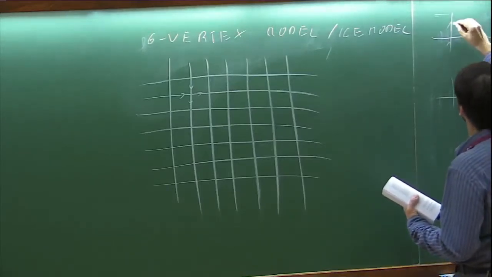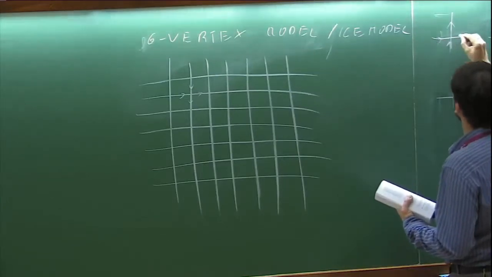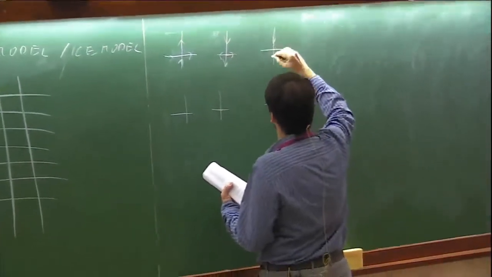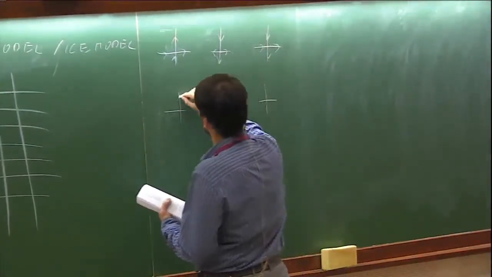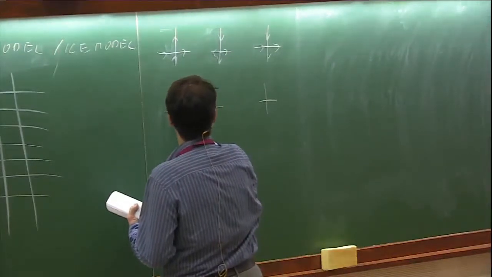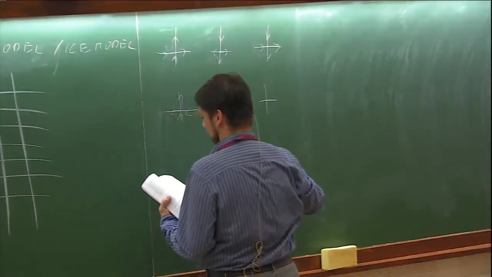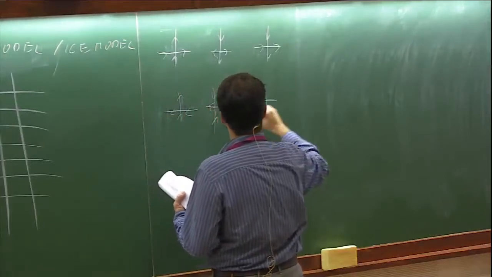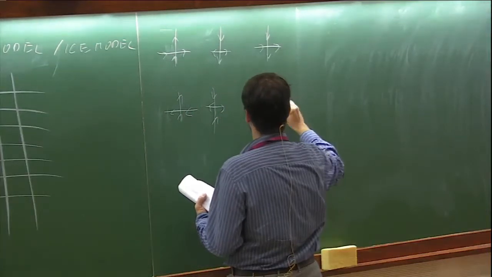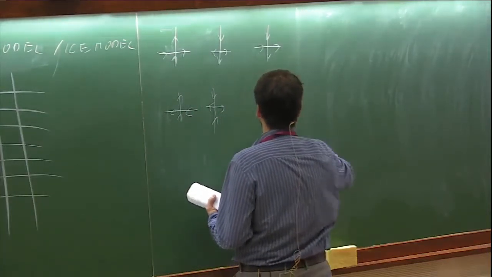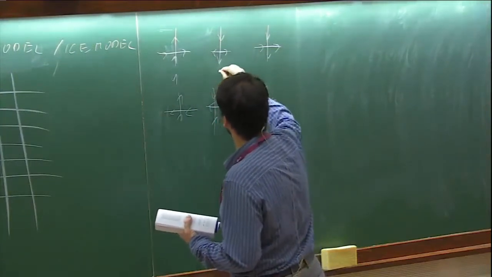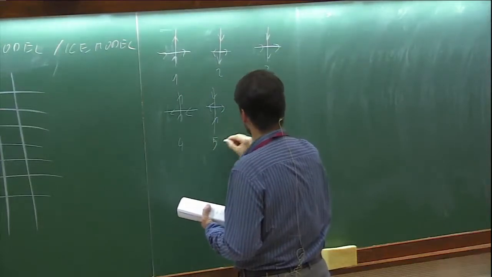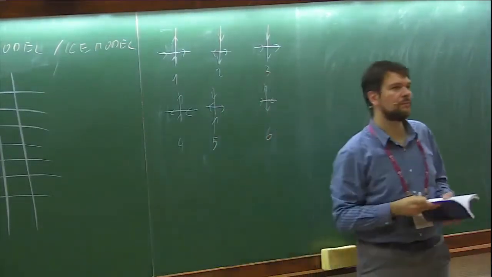So up, up, left, left, down, down, right, right, down, down, left, left, up, up, right, right, left, right, down, up. Normally they are numbered 1 to 6.